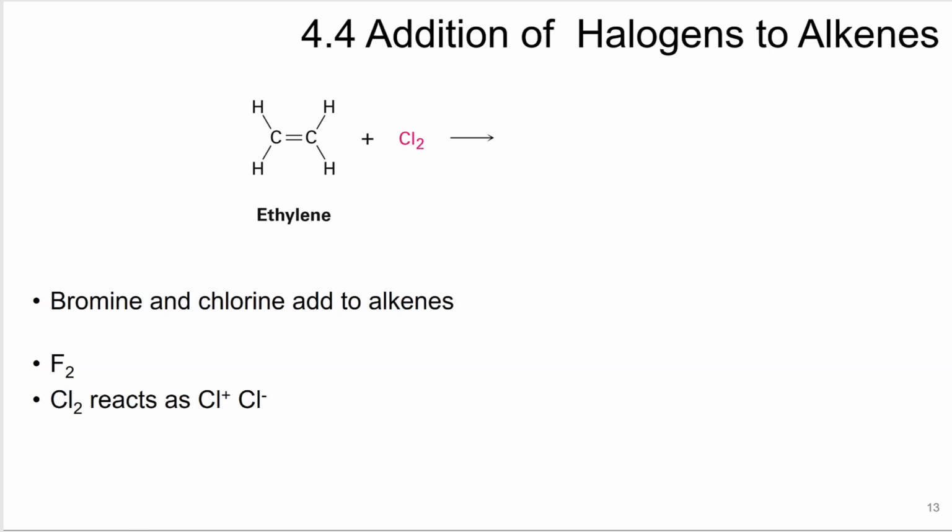We can also add halogens to alkenes. You think of that as ClCl. So one chlorine gets added to each of the carbons. This is 1,2-dichloroethane. So bromine and chlorine add to alkenes to give 1,2-dihalides.